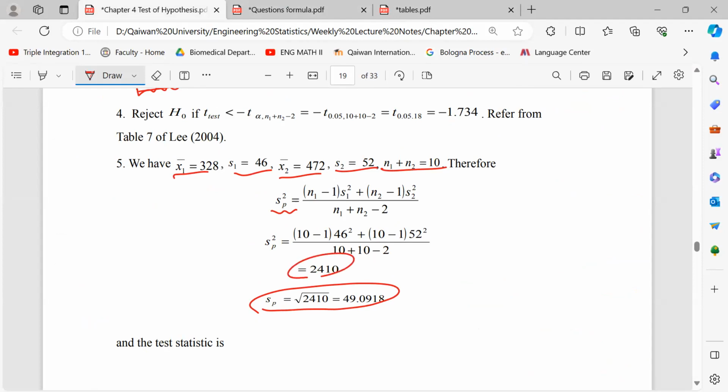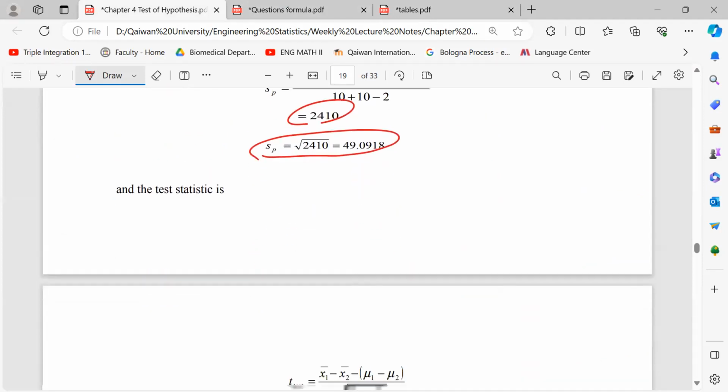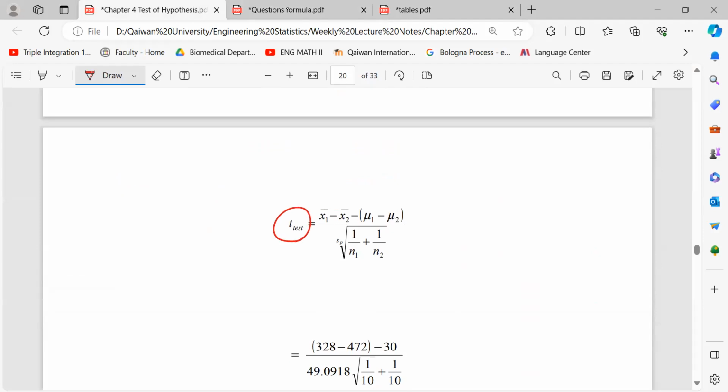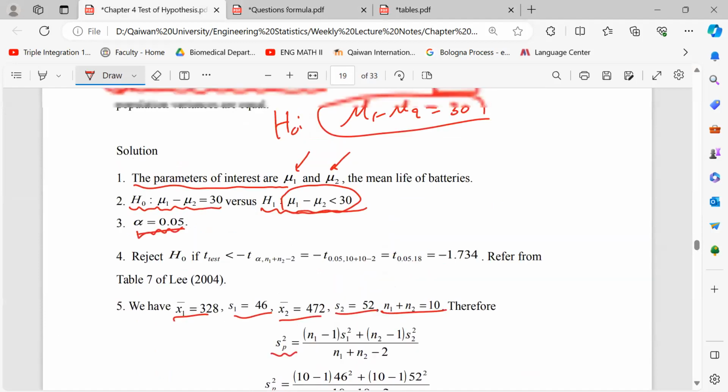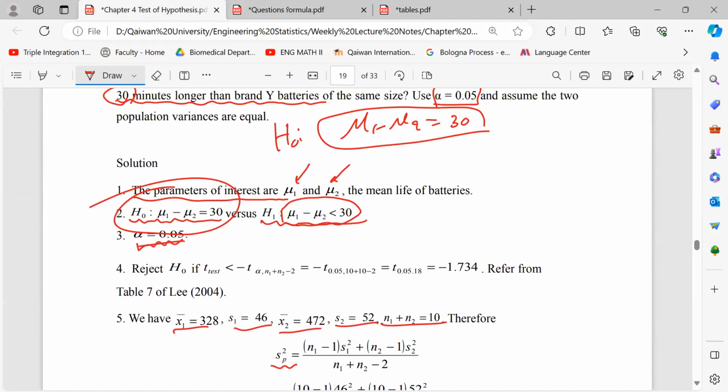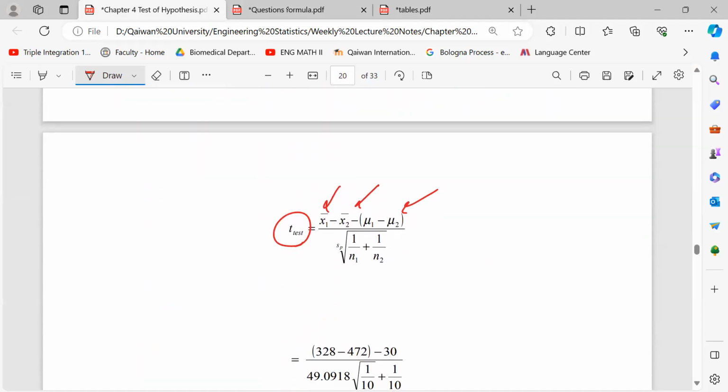After finding SP squared, we take its square root to get SP, and then T test is X1 bar minus X2 bar minus, sorry, mu1 minus mu2. Mu1 and mu2 are not given, but their difference is given. In the null hypothesis, mu1 minus mu2 is 30. Even though mu1 and mu2 are not given, the difference is 30. We write down 30 here.